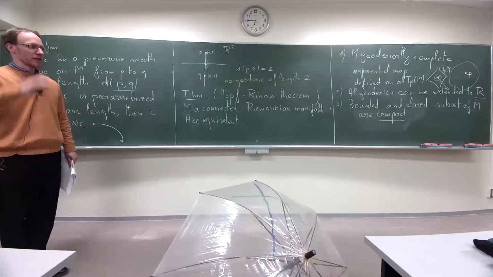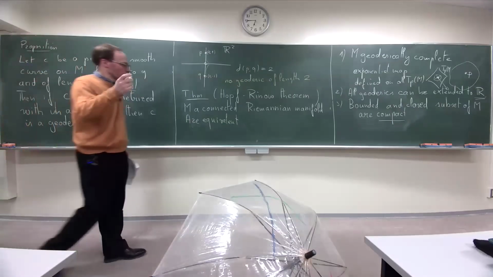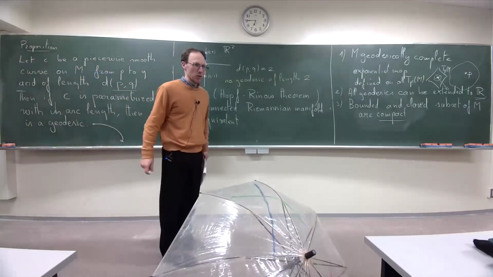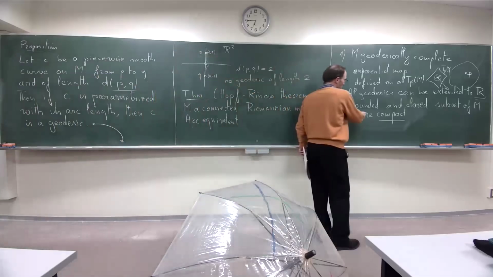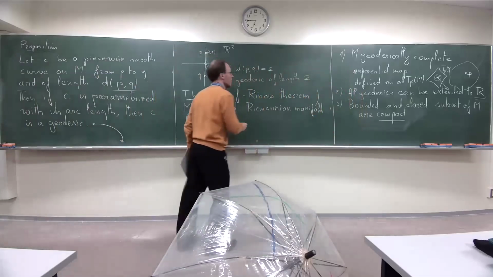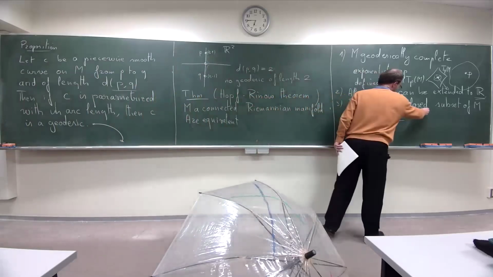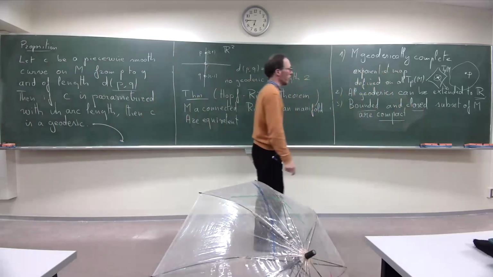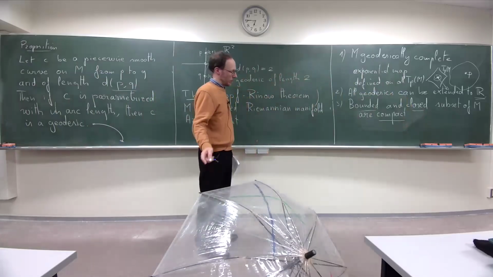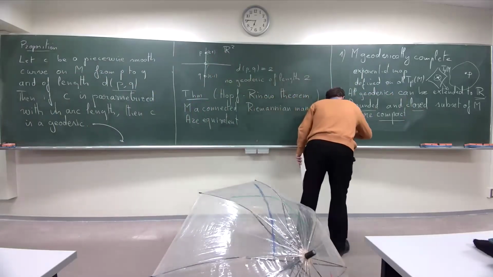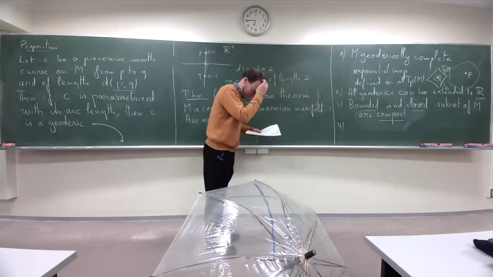Every open covering admits a finite subcovering. It tells you that if you have your manifold and you take a bounded, this is easy to understand, and closed subset, we defined the notion of closed, then it's compact.